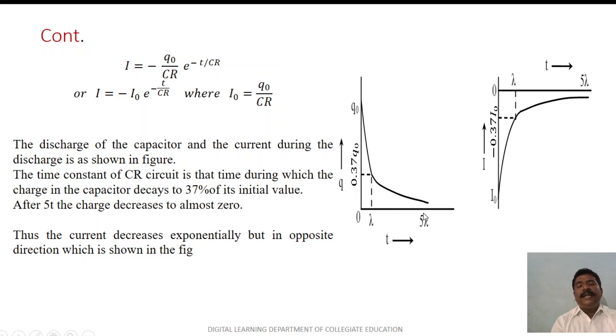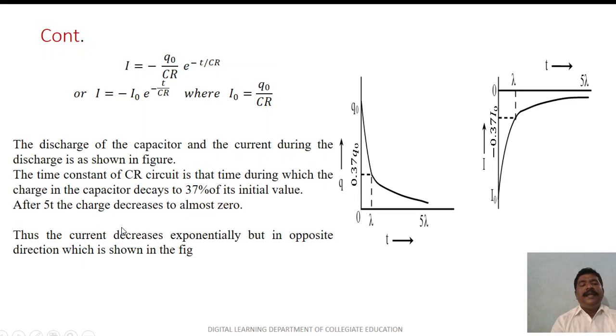If we go on increasing the time taken to 1 times lambda, 2 times lambda, 3 times lambda, 4 times lambda, and finally if we come to 5 times lambda, the charge decreases to almost 0. So this curve explains the decay of the charge on the capacitance.